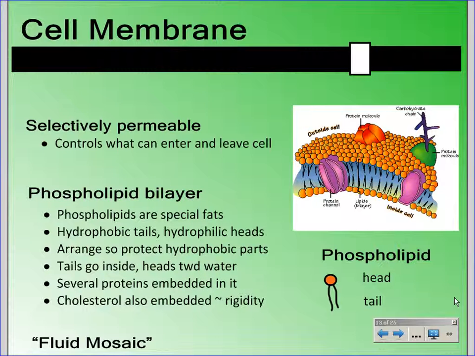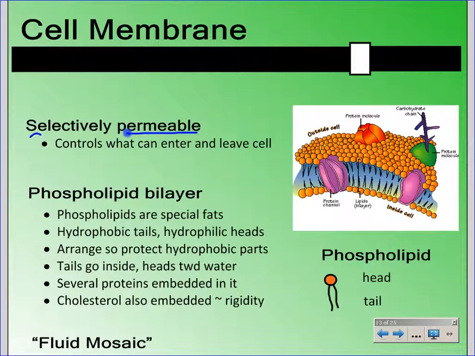There are three main phrases they use to describe the cell membrane. The first is that it's selectively permeable. If you think about what permeable means, it means that things can pass through.